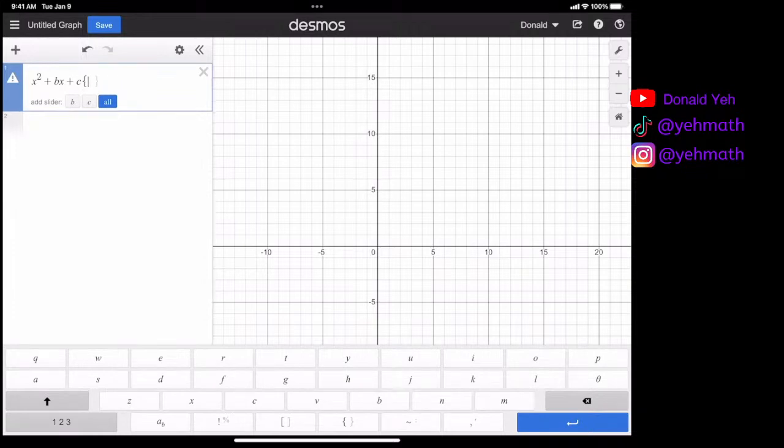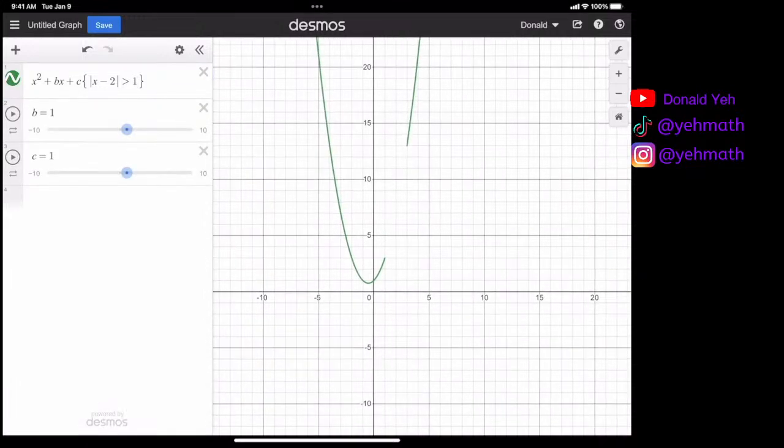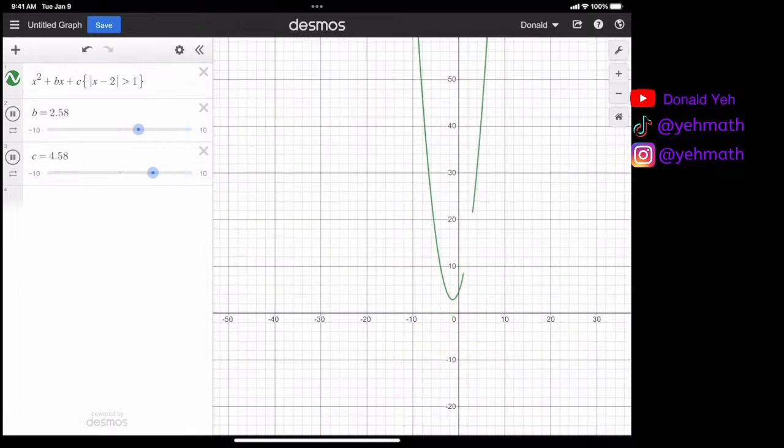My restriction is the absolute value greater than 1, yes. And if you show it like that, it's going to look like this. So this thing is constantly moving.